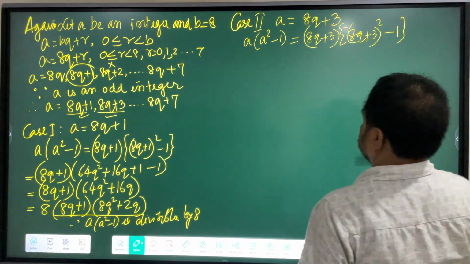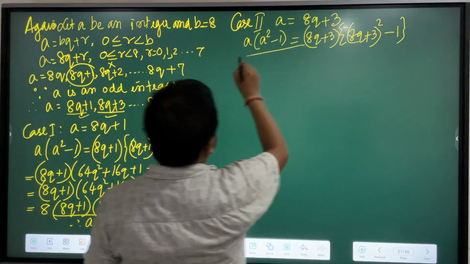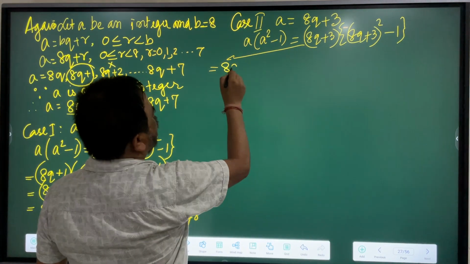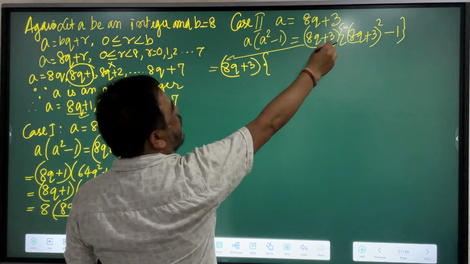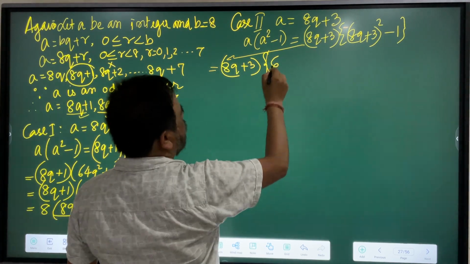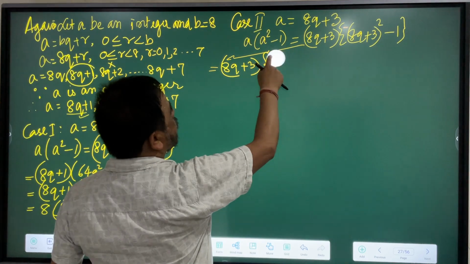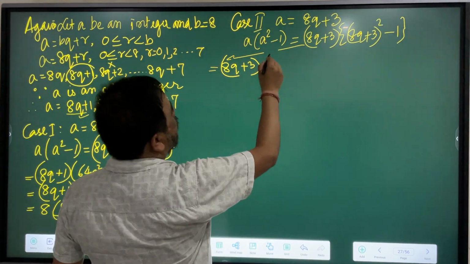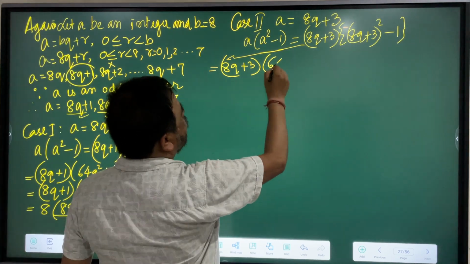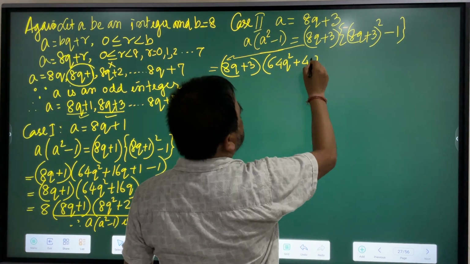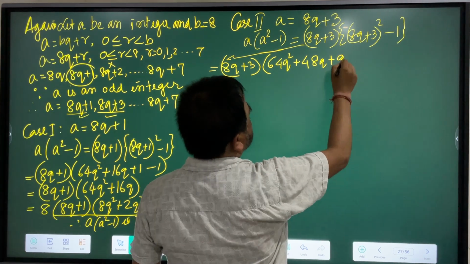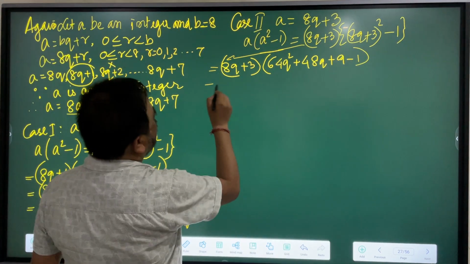I am doing it directly: 8 8s are 64, 64q square, 2 8s are 16, 3 times 16 is 48q, plus 9 minus 1.